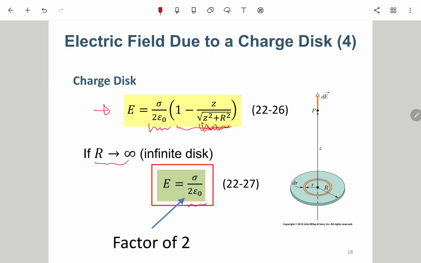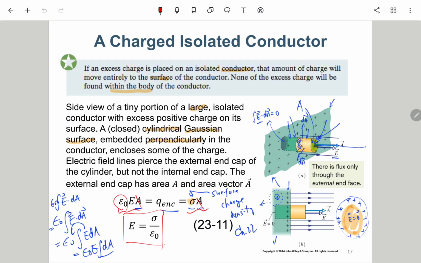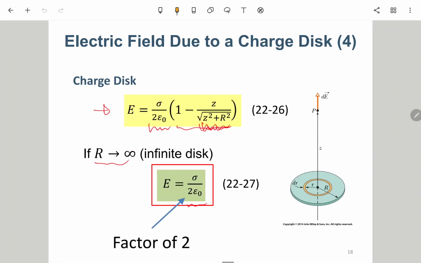But this one and this one have a factor of 2. Why? The reason is that this is only a disk, so it will generate the E field pointing upwards on the top side, and also generate the E field downward on the bottom side.